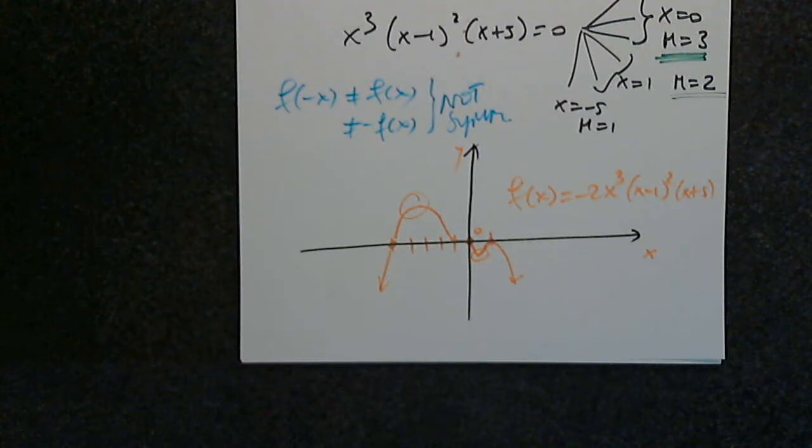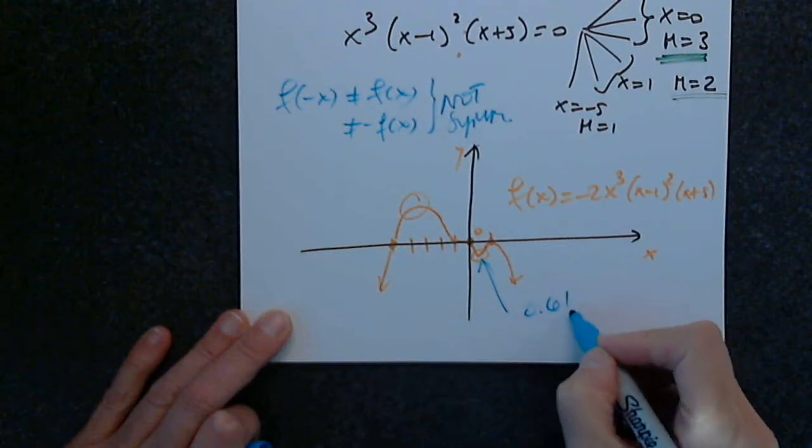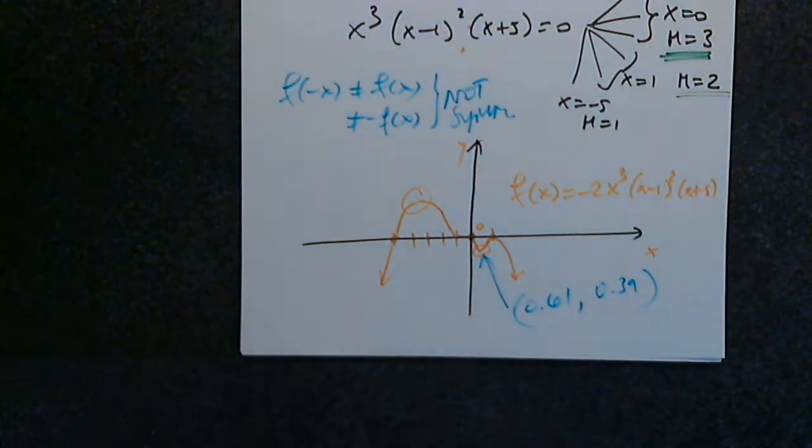So with second and calc, I want a minimum, which is 3. And between 0 and 1, I don't want to guess, just give me the minimum. And it's 0.61, 0.61 comma 0.39. And now I can focus on the left-hand side. And I'm going to change the viewing window for the y-axis.